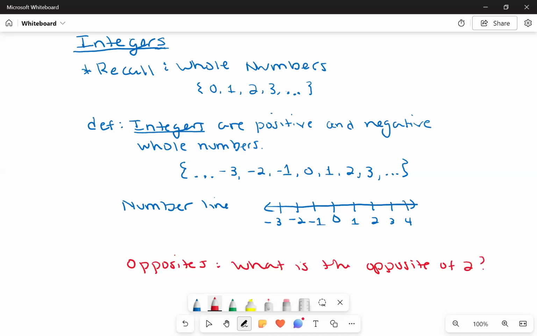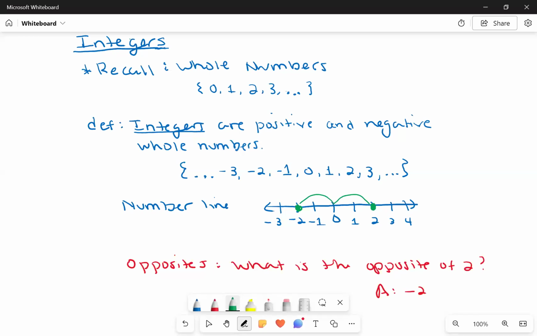When you're talking about integers, the answer would be -2. Why? Because 2 and -2 are on opposite sides of 0, and they're the same distance from 0. Also, 2 and -2, when you add them together, add up to 0. That's not a coincidence. All opposites do that.